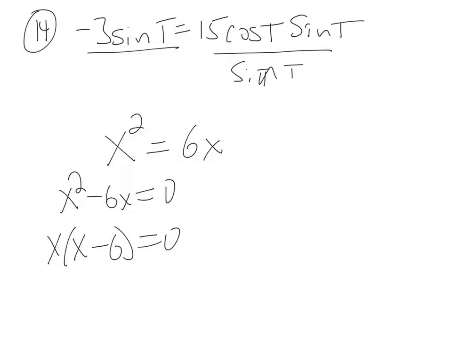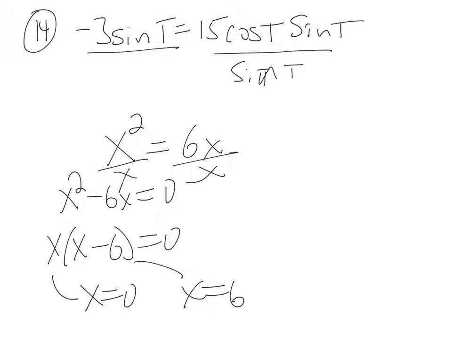So this parabola crosses the x-axis at x equals 0 and at x equals 6. If we had divided both sides of this equation by x, I would have lost the x equals 0 possibility. So that's why we don't want to divide by variables or by expressions like this. You want to try to do the isolation, factoring, and that kind of thing.